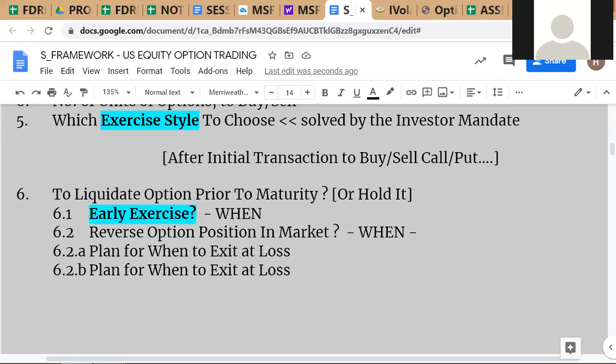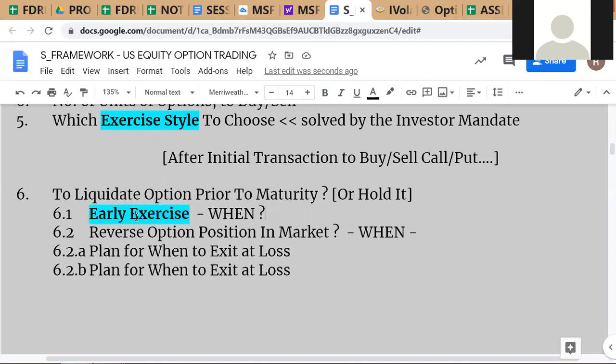Obviously, this arises only in the case of American style or Bermudan style. It does not arise for European options because you're not allowed to do early exercise.